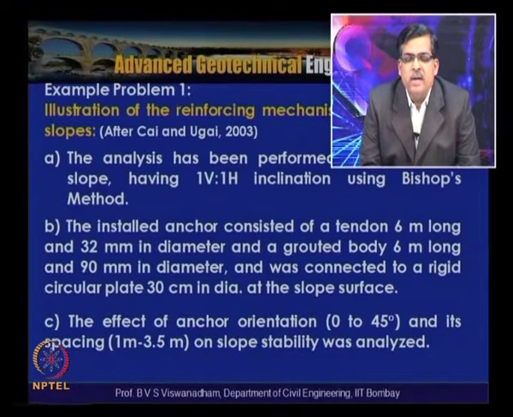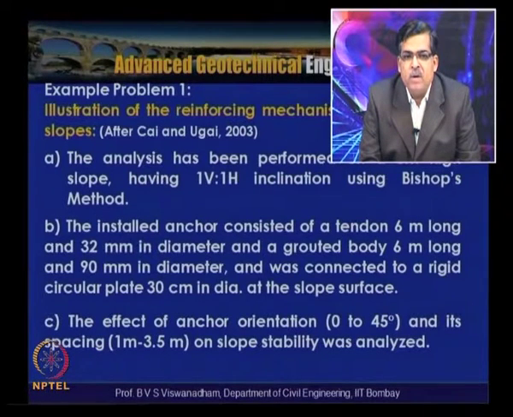That means the entire length of the anchor is grouted with 90 mm diameter grout, and the tendon diameter is about 32 mm, connected to a rigid circular plate of 300 mm diameter on the slope surface. The anchor was placed on the slope surface with different inclinations.